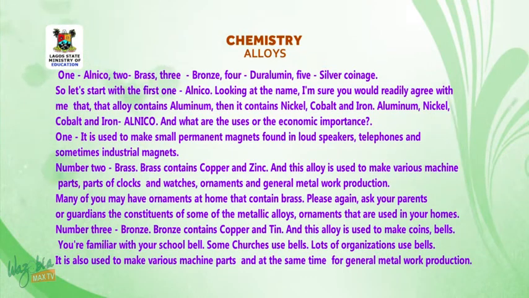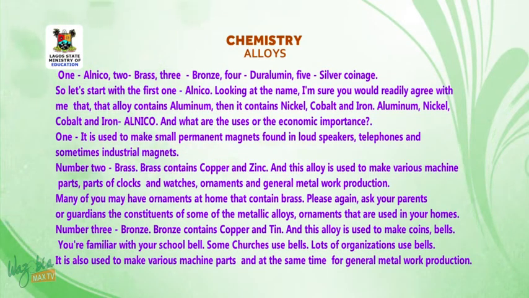So let's start with the first one, Neco. Looking at the name, I'm sure you will readily agree with me that that alloy contains aluminum, then it contains nickel, cobalt, and iron. Aluminum, nickel, cobalt, and iron, Neco. And what are the uses or the economic importance?